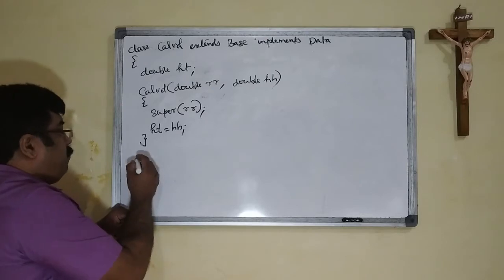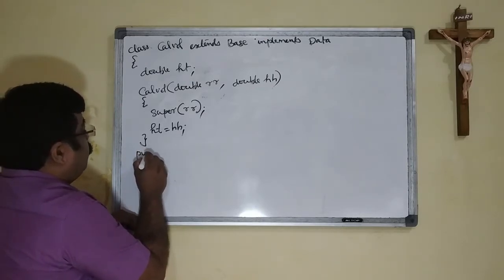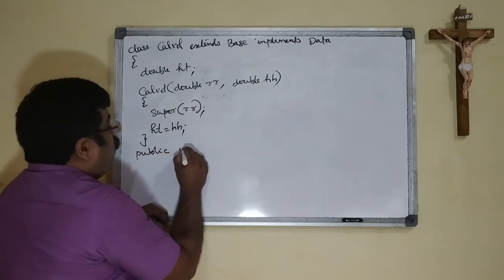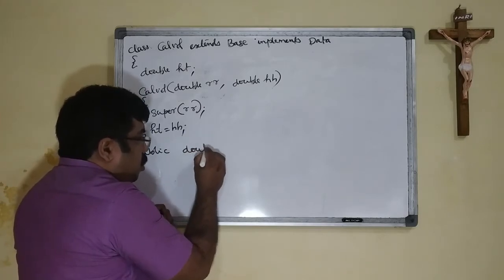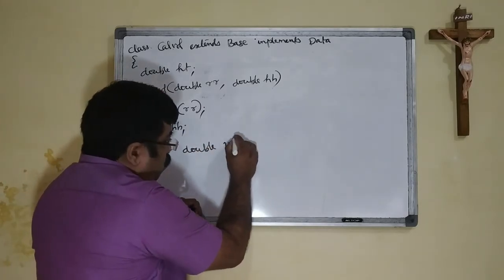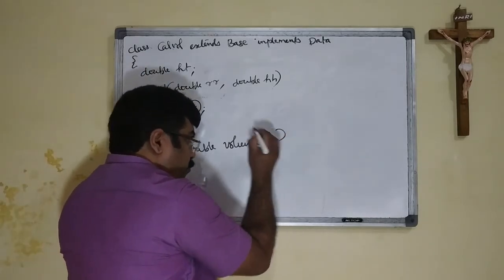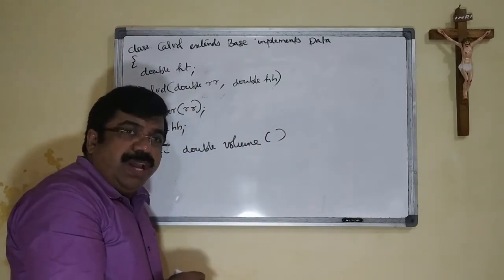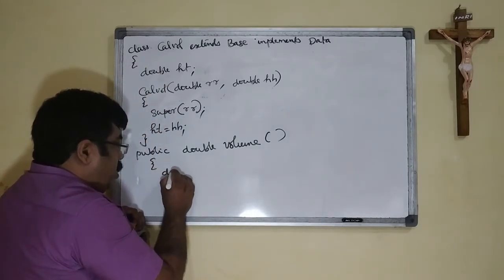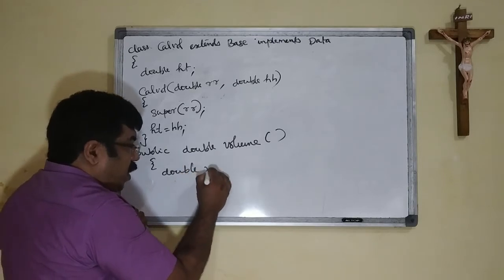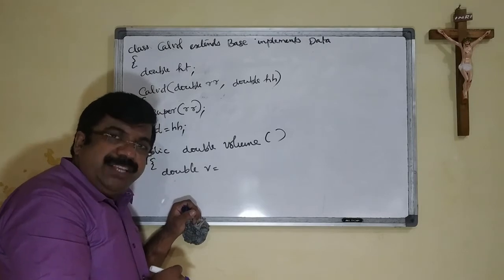Now we have to calculate our volume. In the volume we will write it as public double volume. Then within that we have to calculate the volume. double V is equal to, the volume of the cylinder is equal to pi r square h.